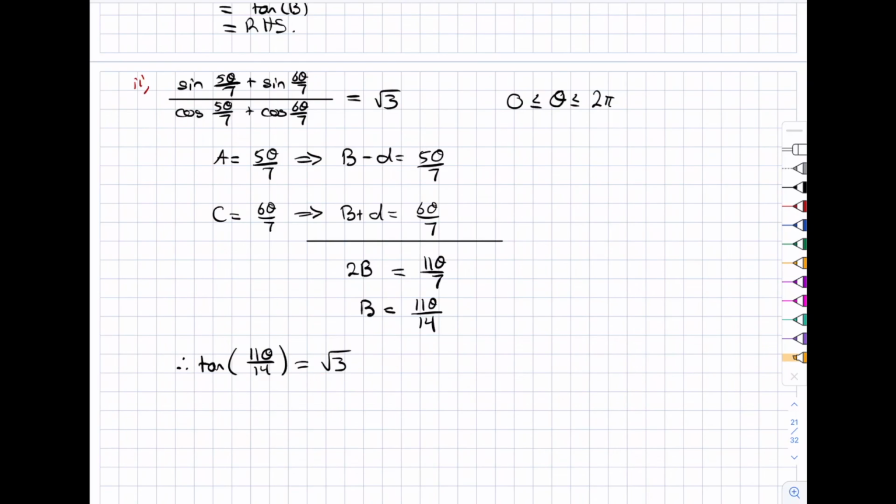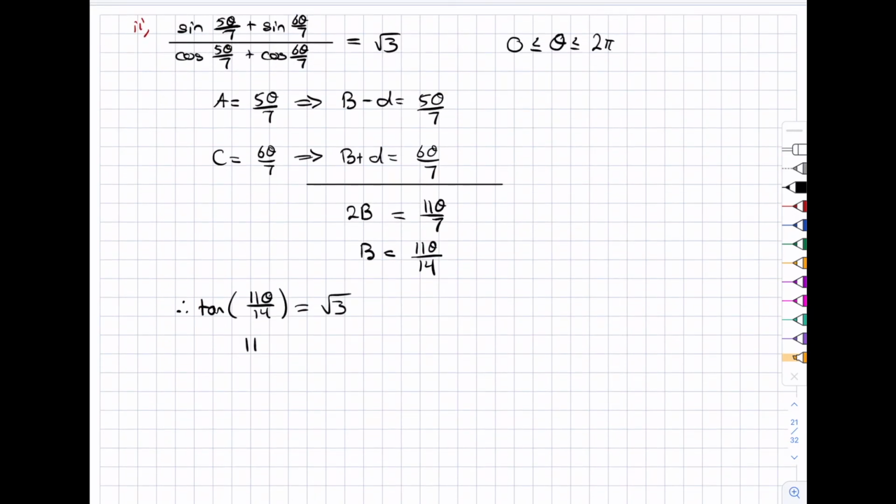Very easy to solve. This now becomes a 2-unit trig equation. So we're doing this in the first quadrant and the third quadrant, because tan is positive in the first and the third. So tan of what gives me root 3? That would be tan 60 or pi on 3. And so in the third quadrant, that would be pi plus, which gives me 4 pi on 3.